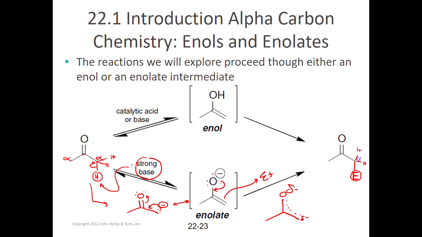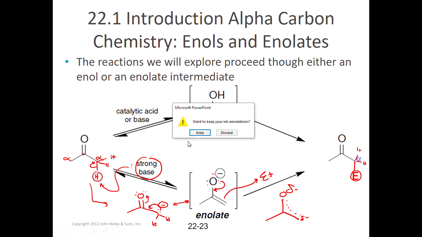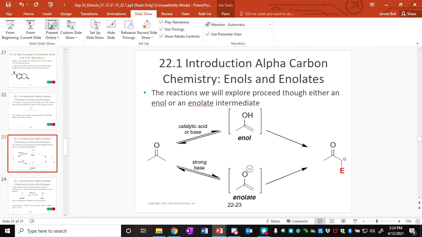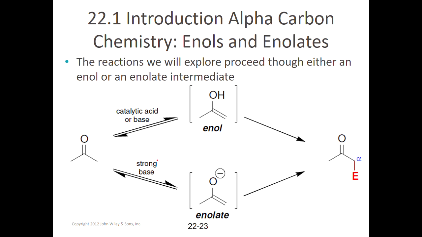Right, so once I pick this proton off, there's only 2 hydrogens left here. The next thing that needs to happen is just this pair of electrons acting as a nucleophile, picking up the electrophile to form a new bond. So this process can also work sometimes under acidic conditions.